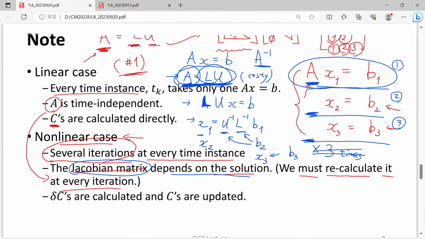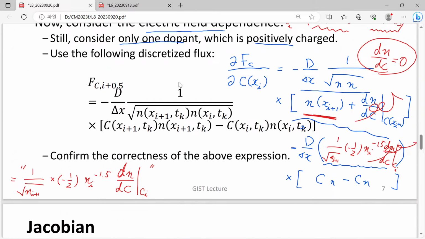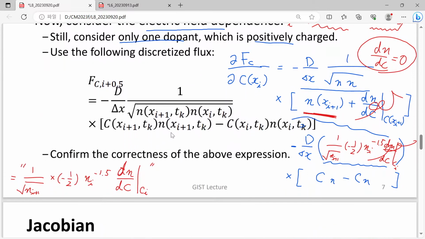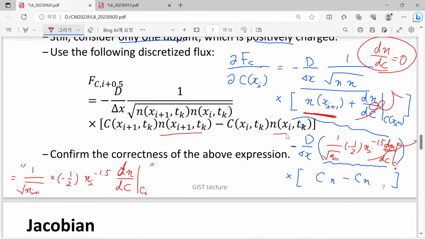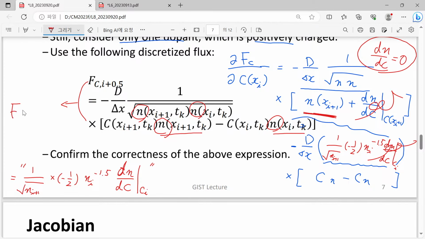Then please come back and have a look at this form. If N is constant everywhere, let's think about this one. This one is n int, this one is n int. When all of them become just a constant, then this flux term is just reduced to what?